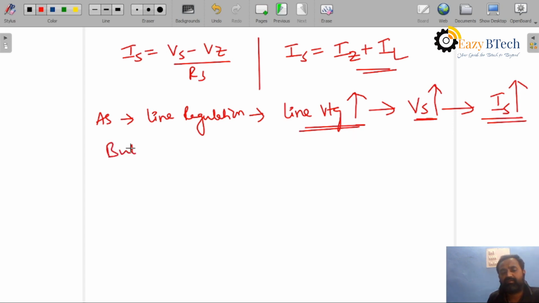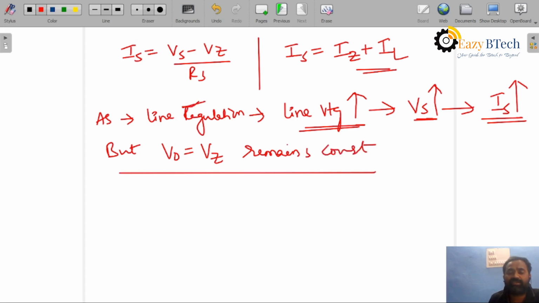But V naught is equal to Vz remains constant. There is no effect on the voltage drop across the diode.